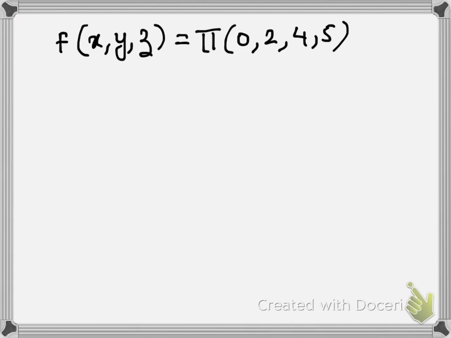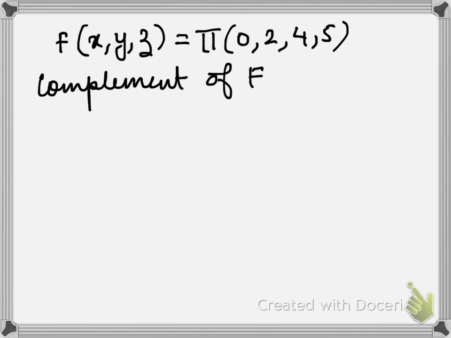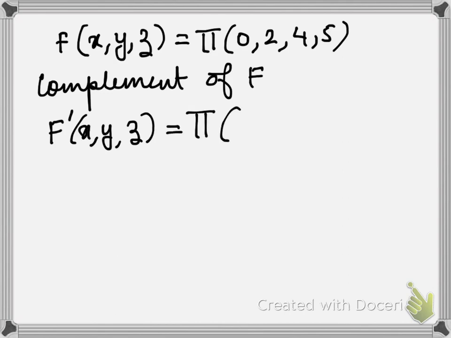Again, now take the complement of f. So f complement (x, y, z) would be the product of those max terms which are not present in the original. 0 is there, 2 is there, 4, 5 are there, so I'm left with 1, 3, 6, 7.